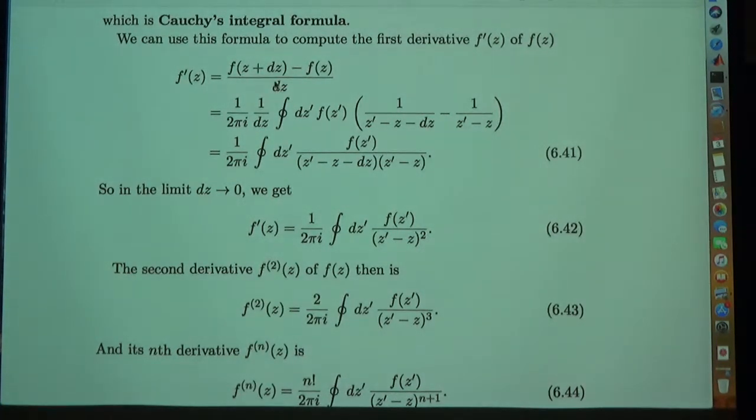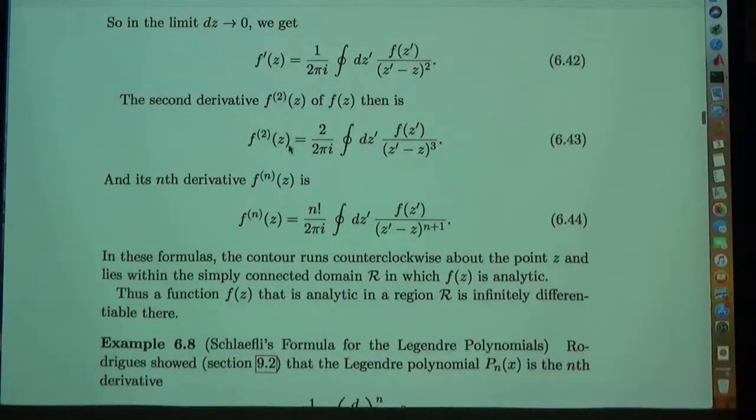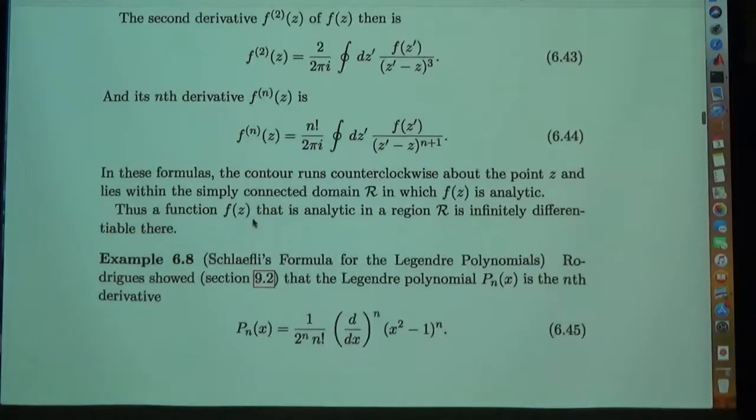You can do the same thing for the second derivative, and you find 2 over 2 pi I times the integral of f of z prime over z prime minus z cubed. And then you extrapolate to the nth derivative: n factorial over 2 pi I integral dz prime f of z prime over z prime minus z to the n plus 1.